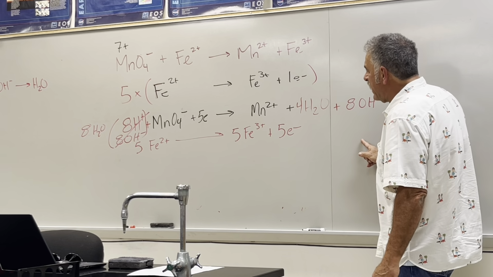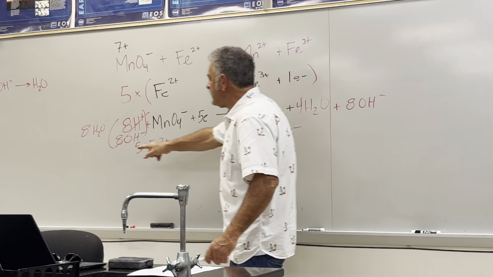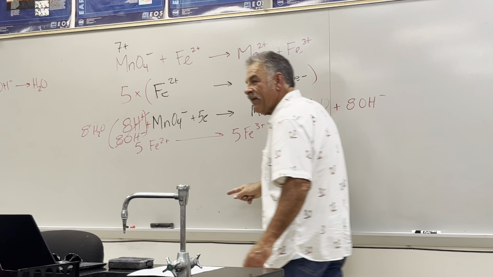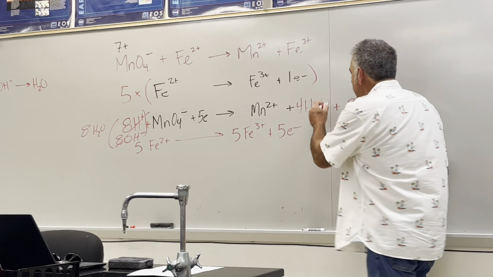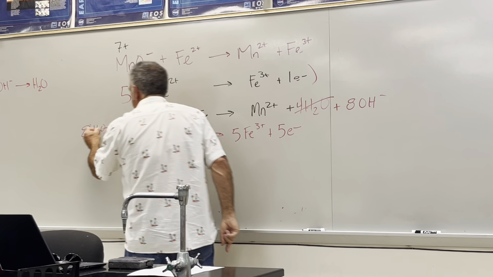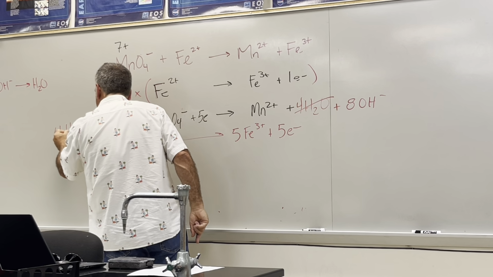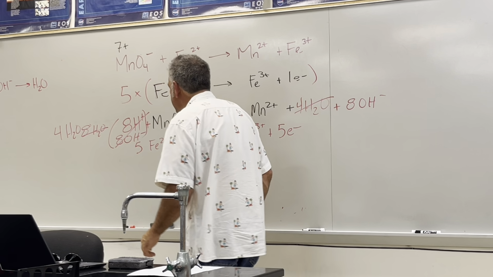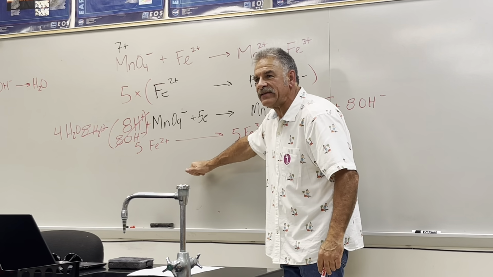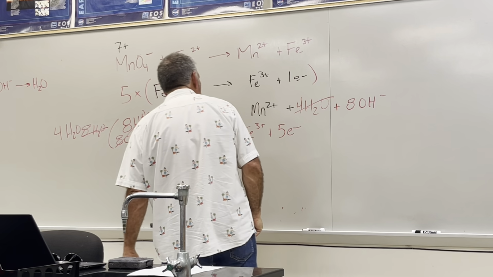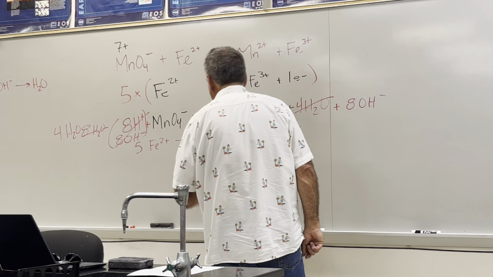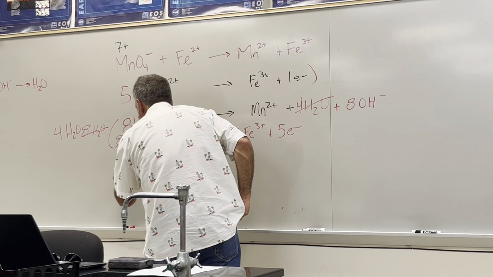And we look at the whole equation, but what happens? We have 8 H2O on this side and 4 H2O on that side. We don't want that. So we combine them. And that's one way you can tell: the water's going to be on the reactant side in a basic solution, because we're going to have OH- left, and I didn't draw that side. So we're going to say 4 H2O.